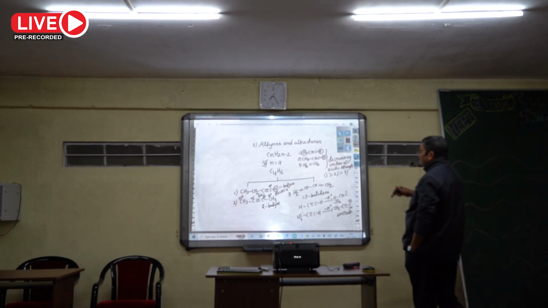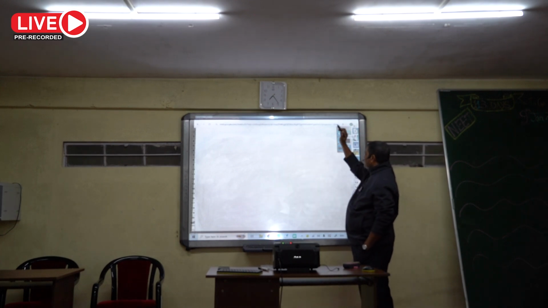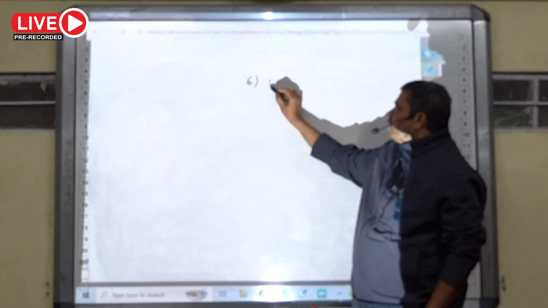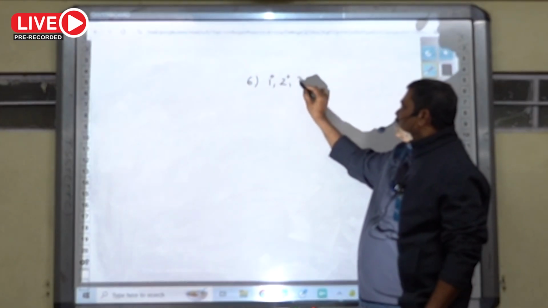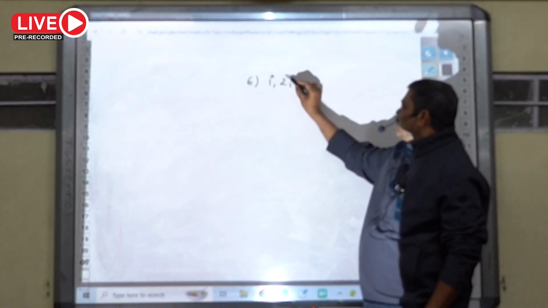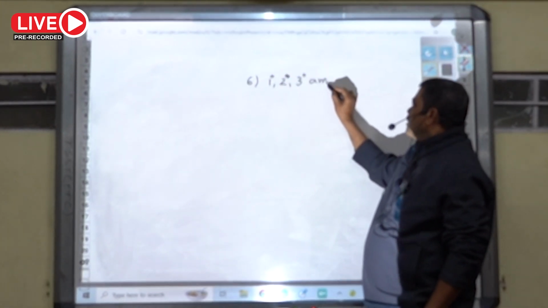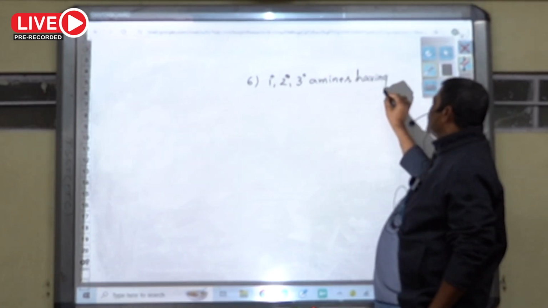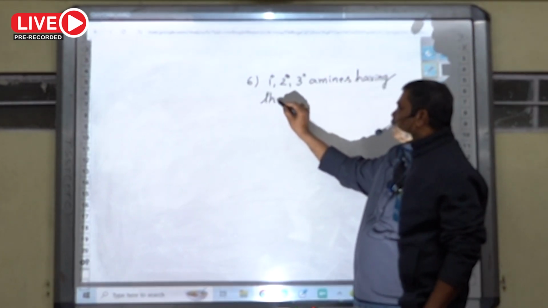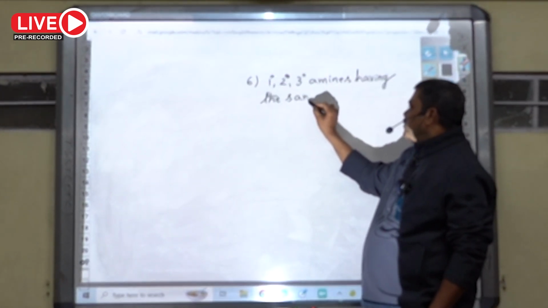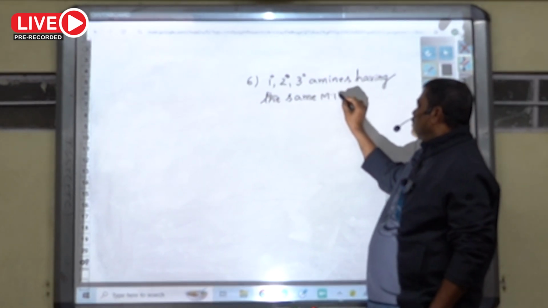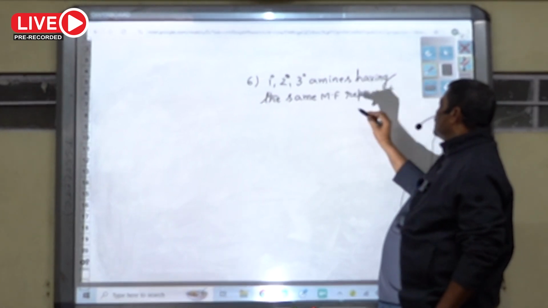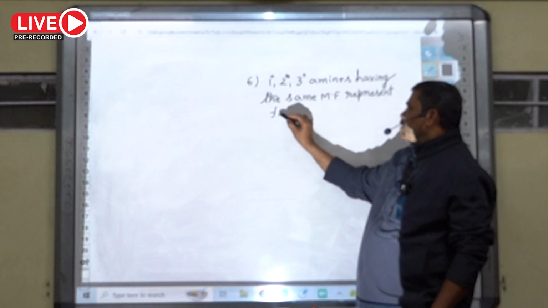Now coming back to functional isomerism, the last part: primary, secondary, tertiary amines having the same molecular formula represent functional isomerism.